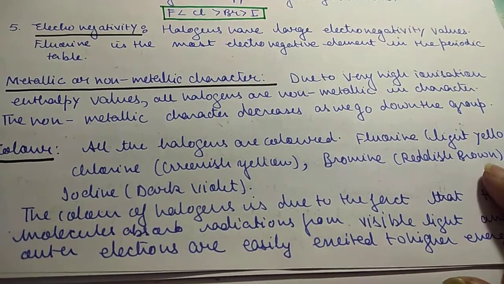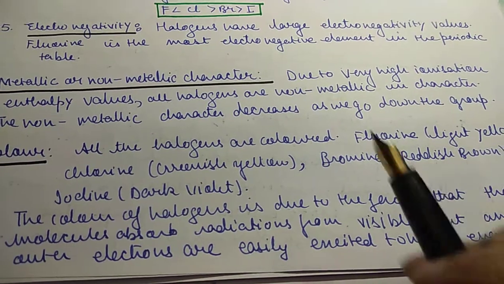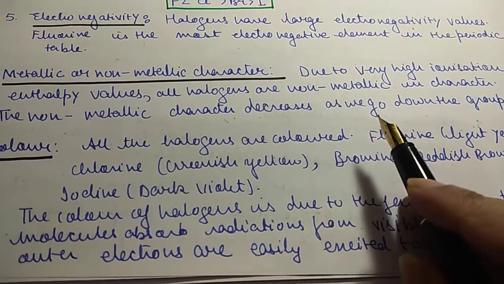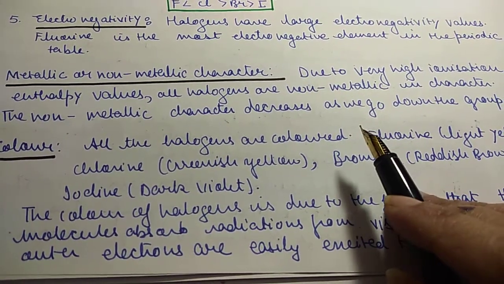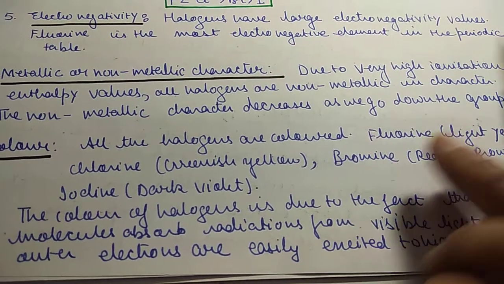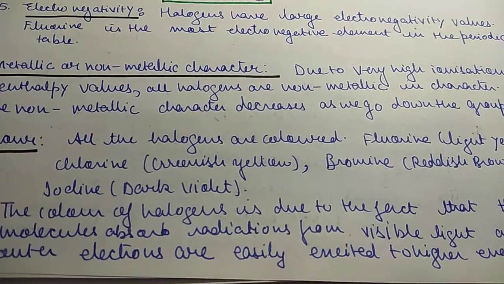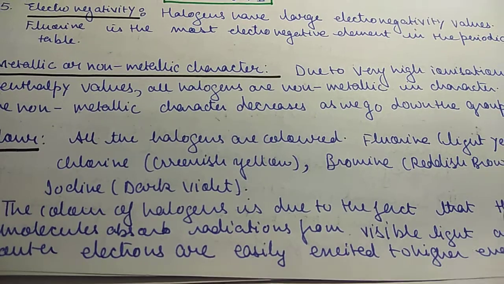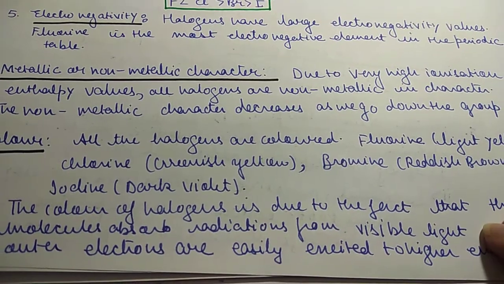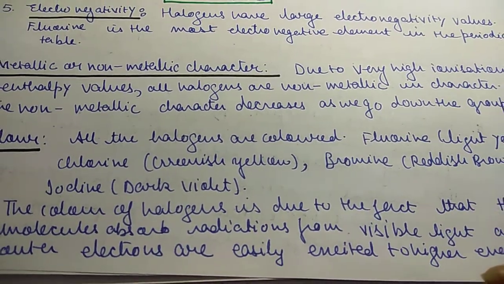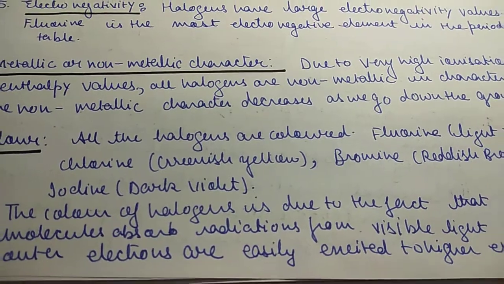But as we move down the group, their non-metallic character decreases. Why? Because the size keeps on increasing as we move down the group, so ionization enthalpy values also decrease.